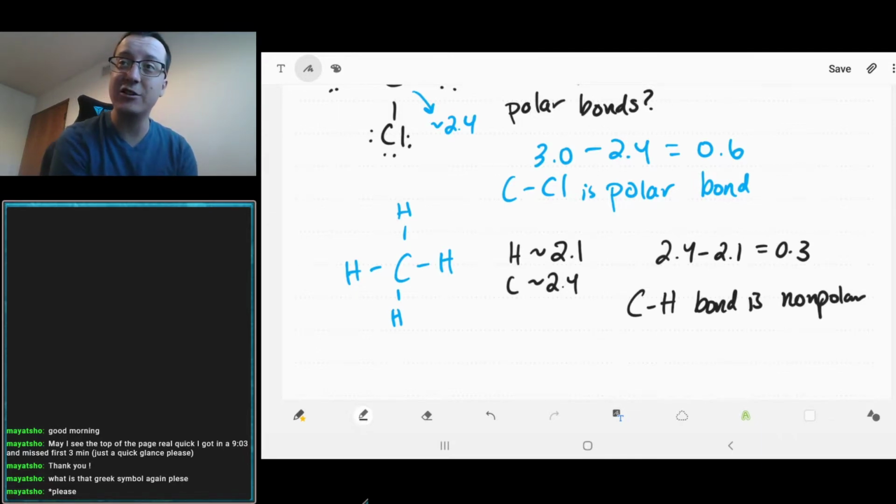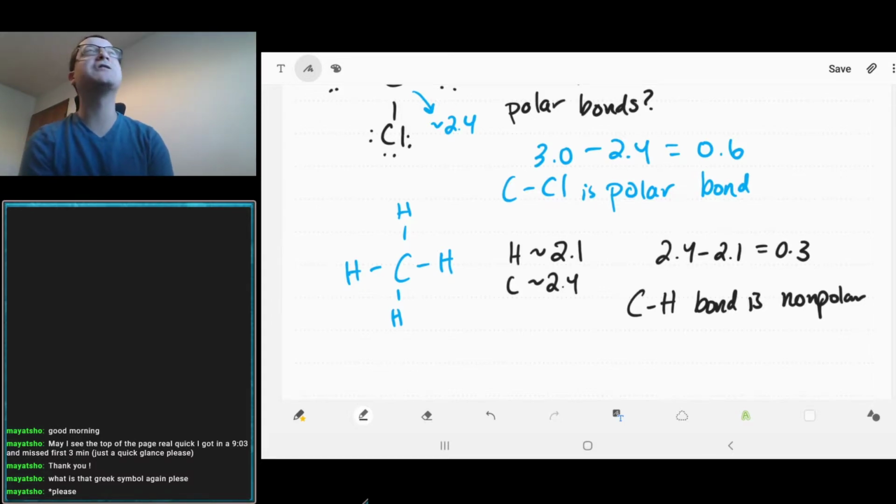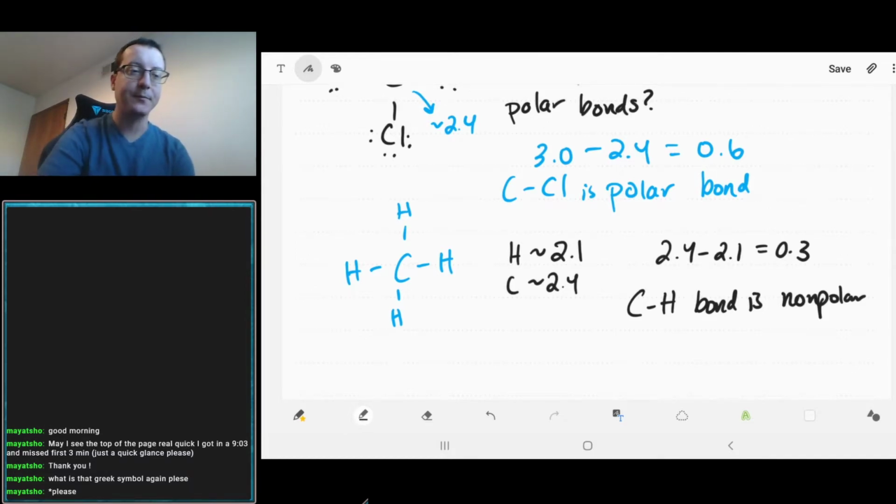Because the electronegativities of the two atoms are pretty close together. And as a result, we're not going to have necessarily uneven sharing in between them. So does that kind of make sense? That's why we're doing this easy math here, and just taking a look at what our number gives us.